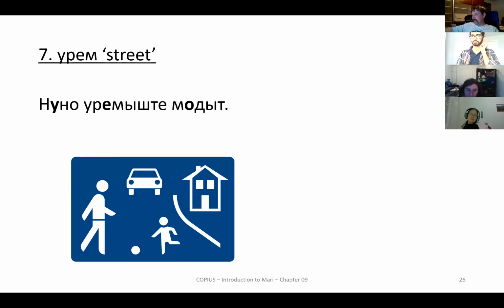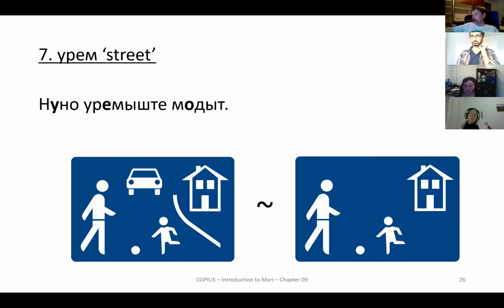But that is not necessarily always the case, because uremishte, in the street, just means outside often enough. If I just say the kids are outside and I say uremishte, I don't mean to say that they're literally on the street and playing where the cars might be driving. They could also be off in the field or whatnot. This is just a general Russian metaphor for outside.